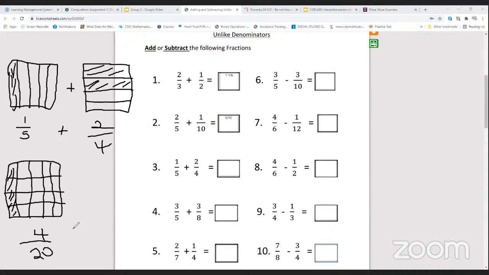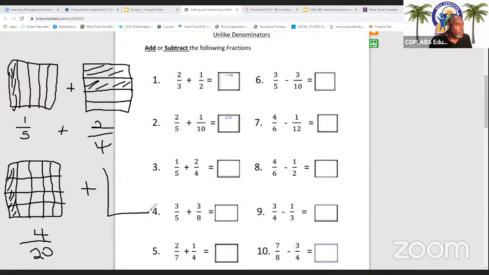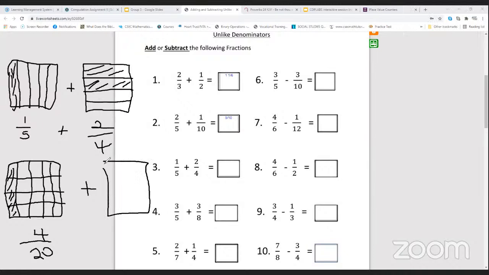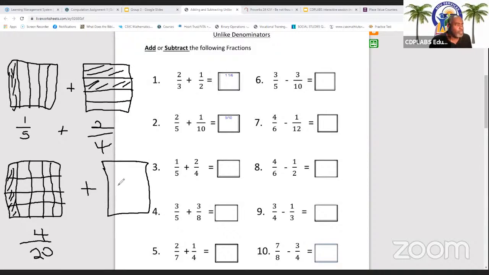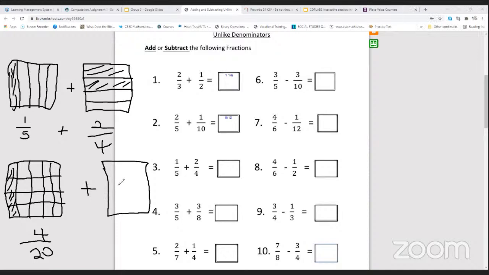So I'm going to the fourth one now. Fourth rectangle. So we are working from the 2/4 now. So what next? All right, so you're going to 4 parts, sir.